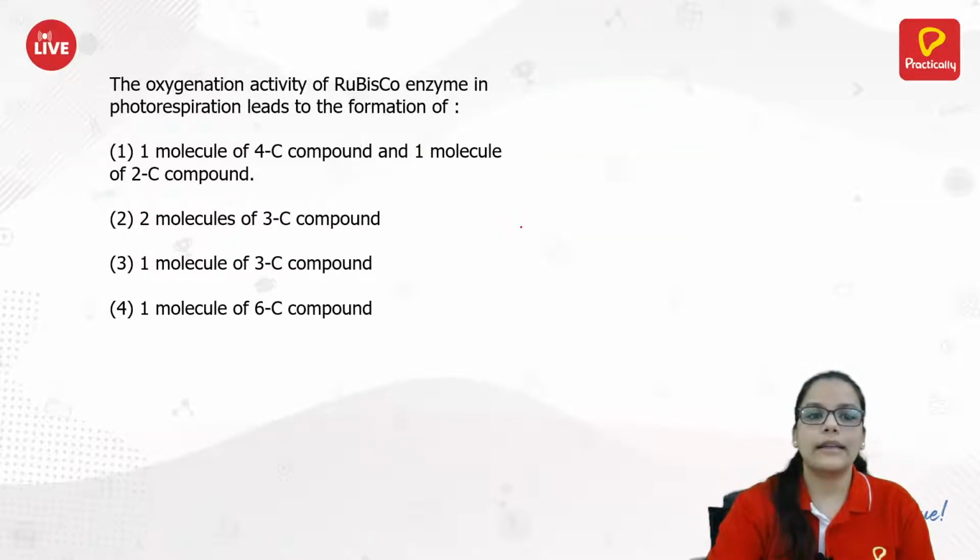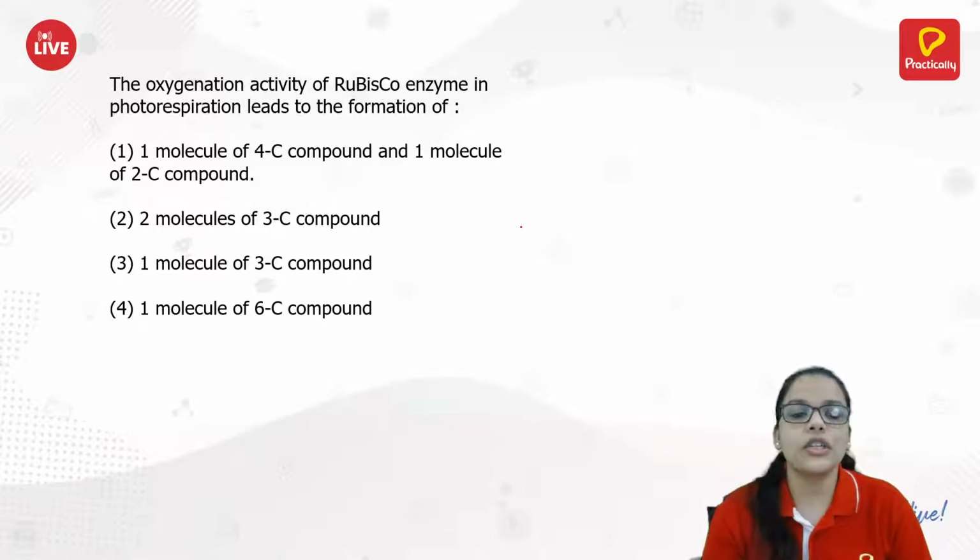Okay, next. The oxygenation activity of Rubisco enzyme in photorespiration leads to the formation of one molecule of 4C compound and one molecule of 2C compound; 2 molecules of 3C compound; 1 molecule of 3C compound and 1 molecule of 2C compound; or 1 molecule of 3C compound and 1 molecule of 6C compound.